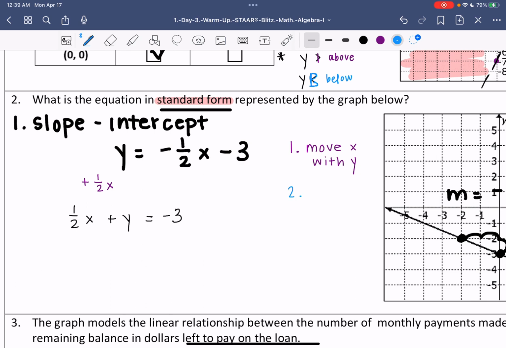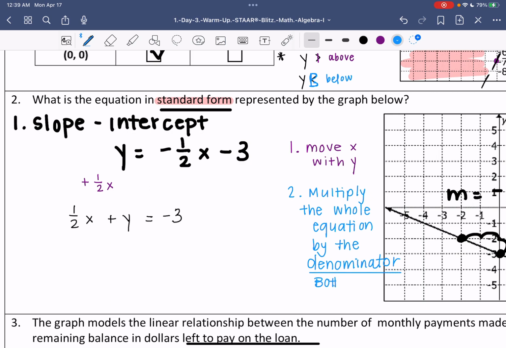But this time, we're going to multiply the whole equation by the denominator. All right, so if you don't know what the denominator is, it's the bottom number of the fraction.